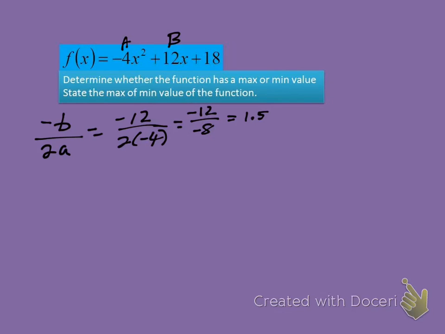So that's the x-coordinate of the vertex. To find the y-coordinate, you take 1.5 and plug it in. So negative 4 times 1.5 squared plus 12 times 1.5 plus 18.